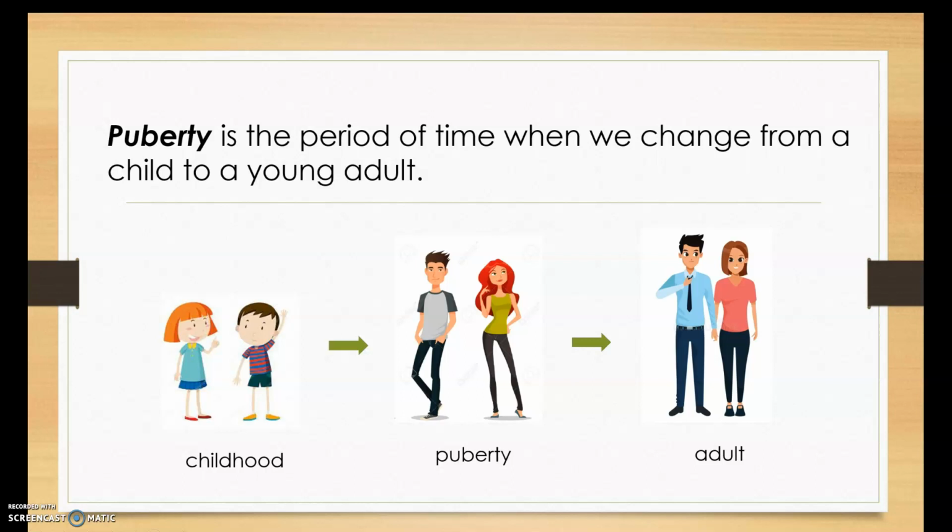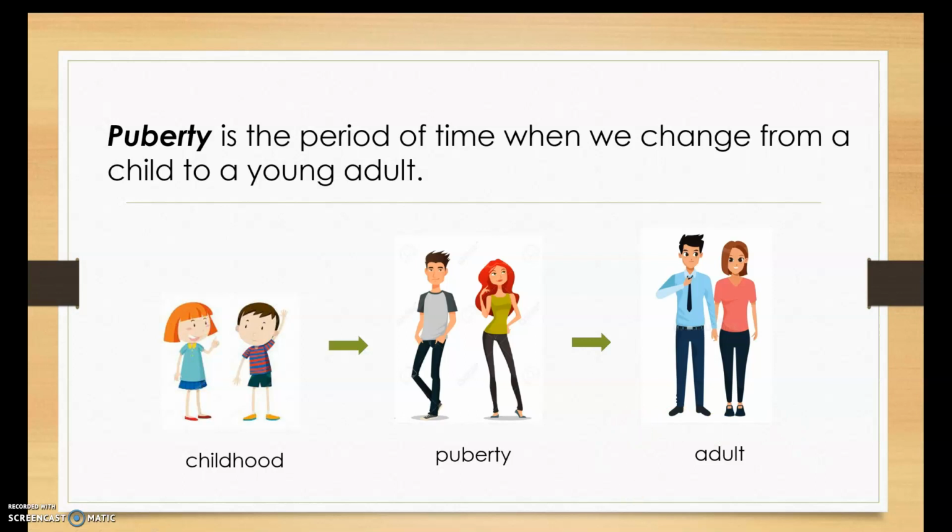Puberty is the period of time when we change from a child to a young adult. Now repeat after me. Puberty is the period of time when we change from a child to a young adult. Very good. It says that puberty is when a child begins to develop or have physical changes as they become an adult.